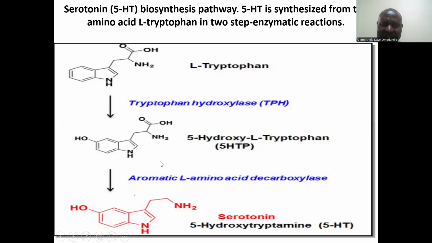The second step involves the decarboxylation of 5-hydroxy L-tryptophan under the enzymatic reaction of L-amino acid decarboxylase to produce serotonin, or 5-hydroxytryptamine. Don't forget, just look at it very critically and let it sink in, student.